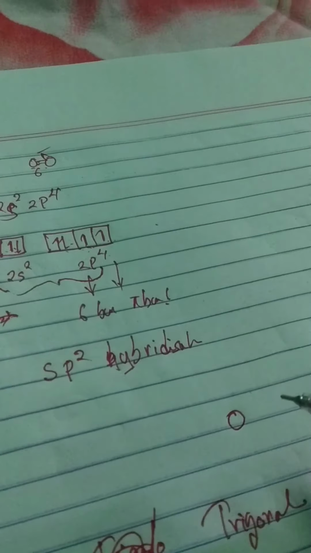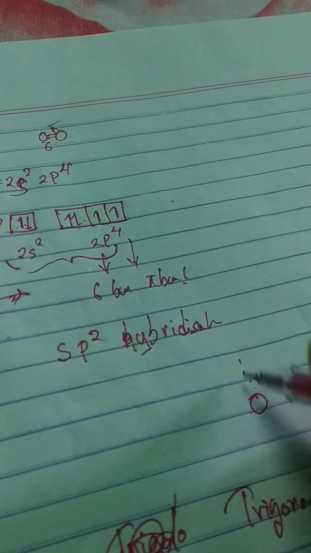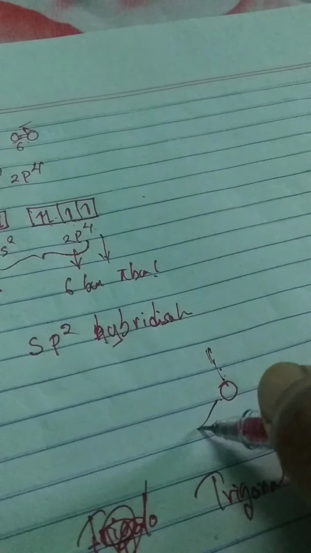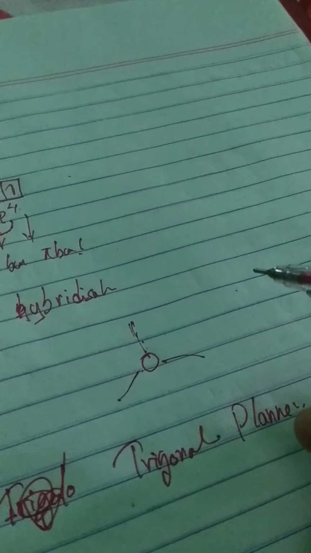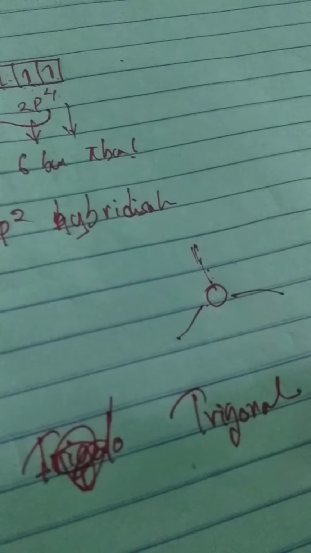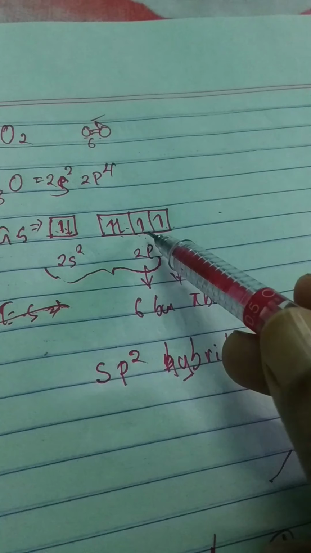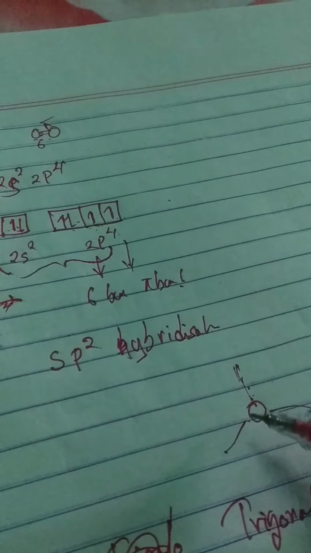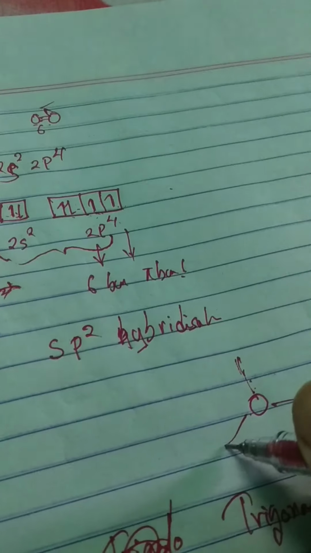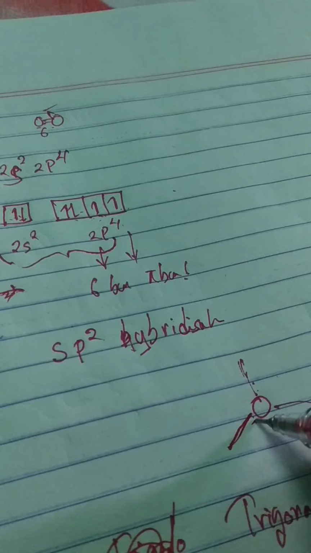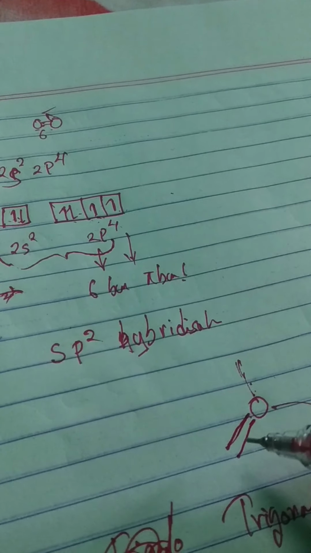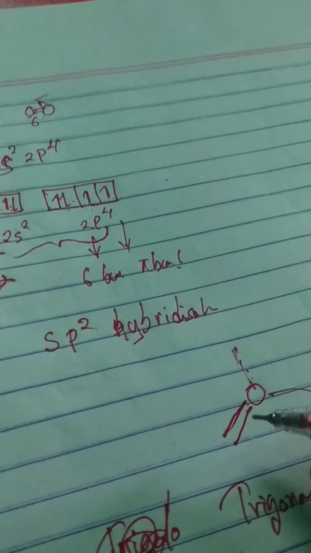The trigonal planar frame is this one. First draw the frame in a very light shade with your pen or pencil. Then see how many sigma bonds there are. The pi bond will be with the sigma bond. Suppose I take this as the sigma bond, and I draw one pi bond, which I did not do before. The pi bond you can draw in the picture, but you will not count it in the hybridization.